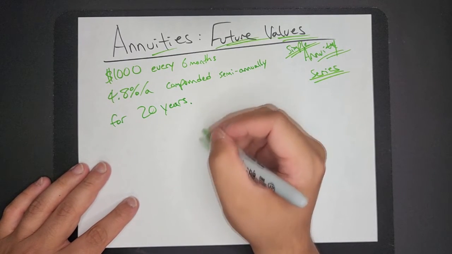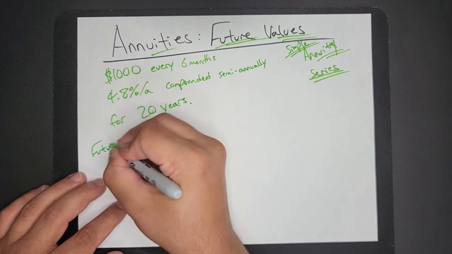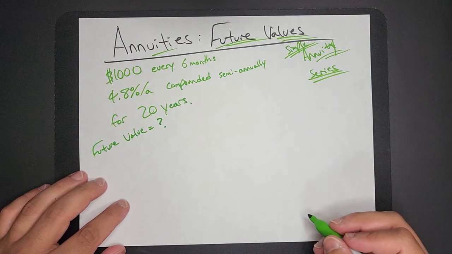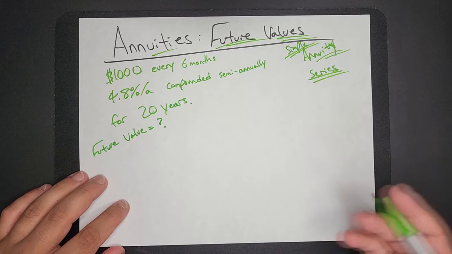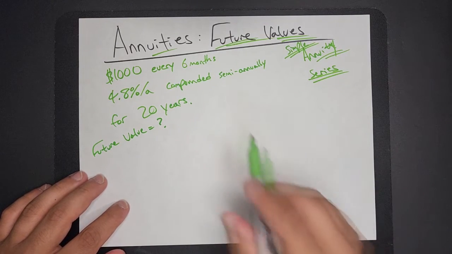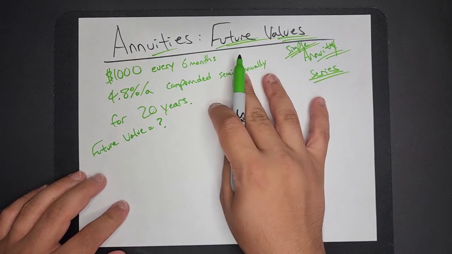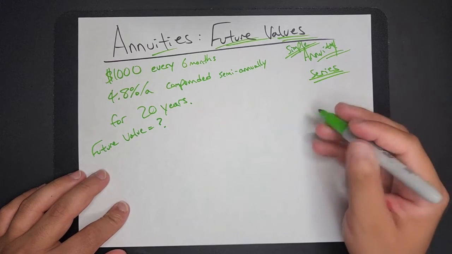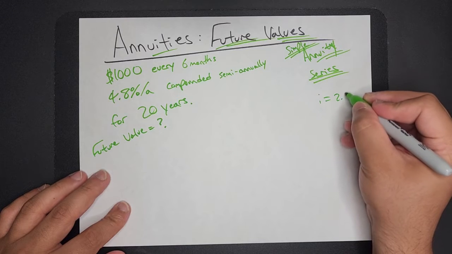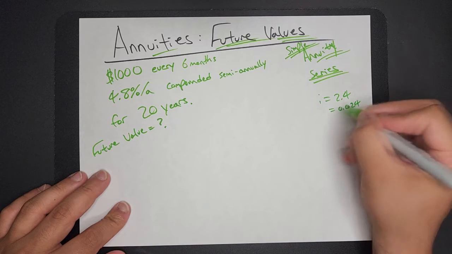Now, I want to find out what the future value is here. So let's calculate the interest rate first, because per year it is 4.8%, but compounding semi-annually, instead of 4.8, I'm looking at 2.4% or 0.024.